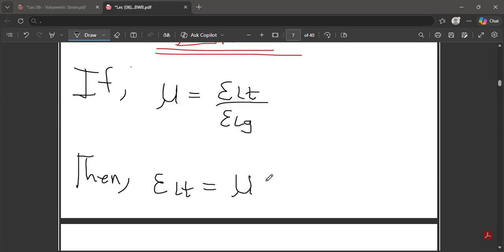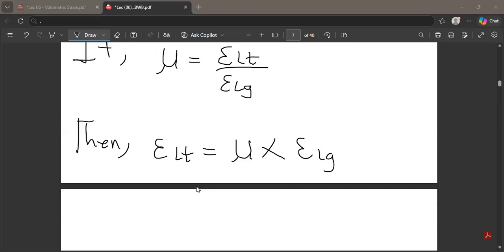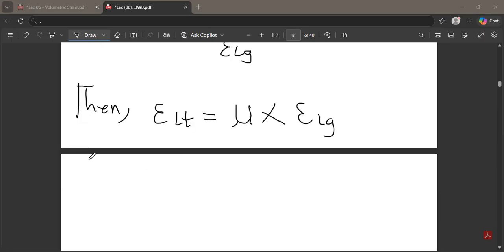So, our Poisson ratio times the longitudinal strain. And this is the longitudinal strain, LG. If you see LG, you know that is your longitudinal strain. So by substitution, let's substitute our values and see the answers we are going to get.